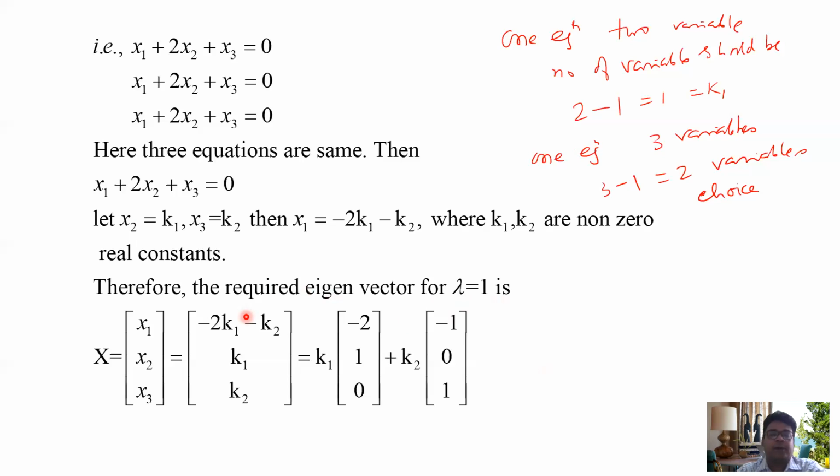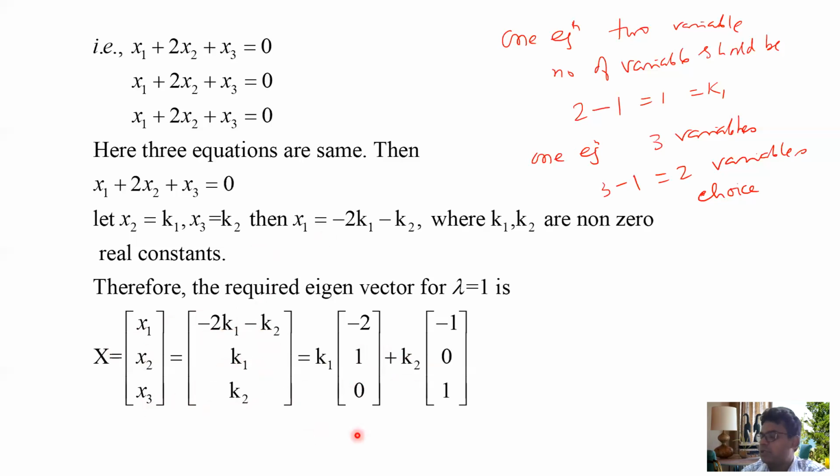X equals (x1, x2, x3) equals, what is x1? Minus 2k1 minus k2. What is x2? k1. And what is x3? k2.